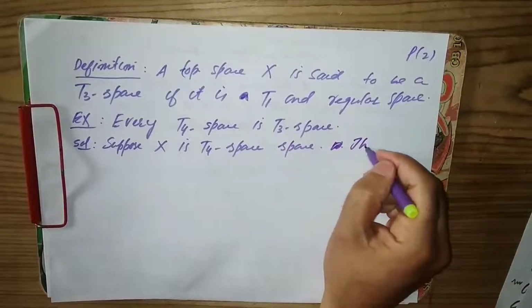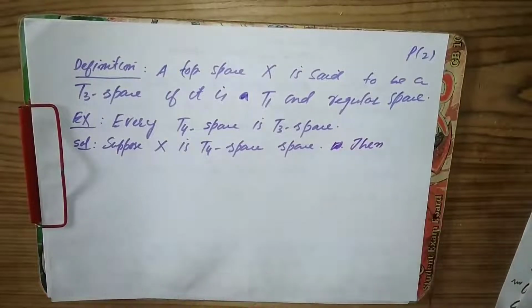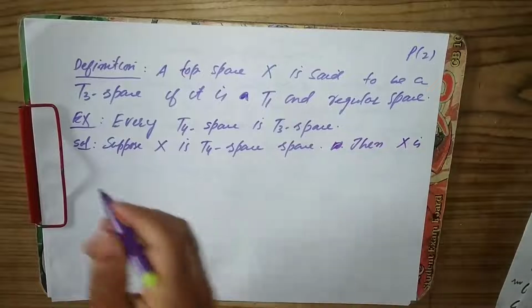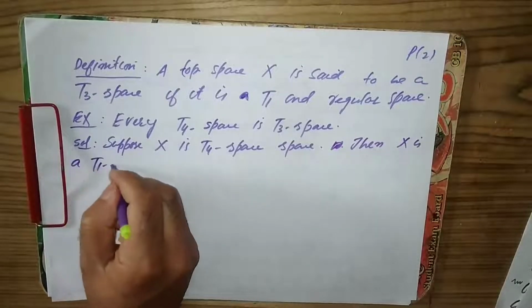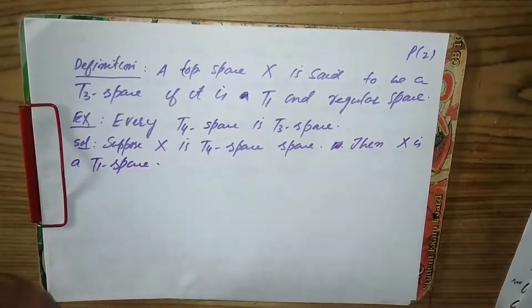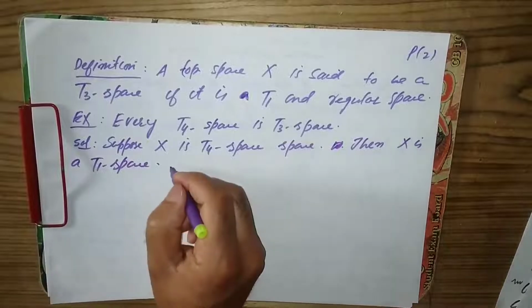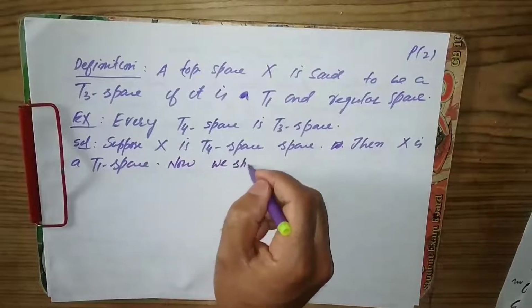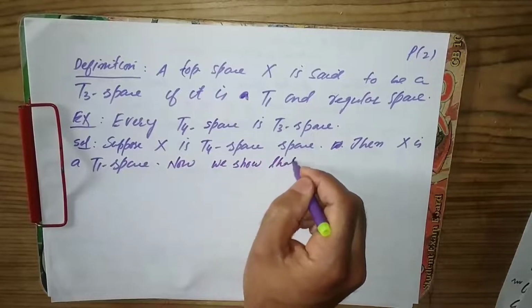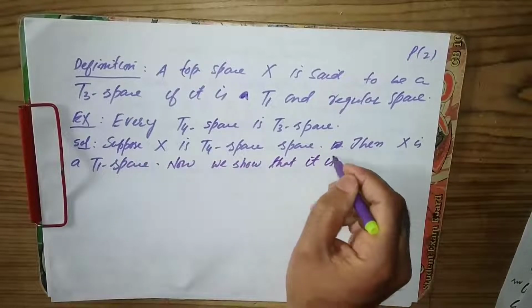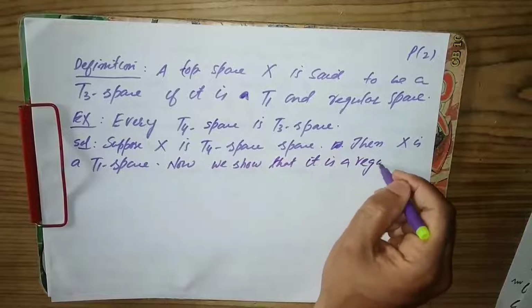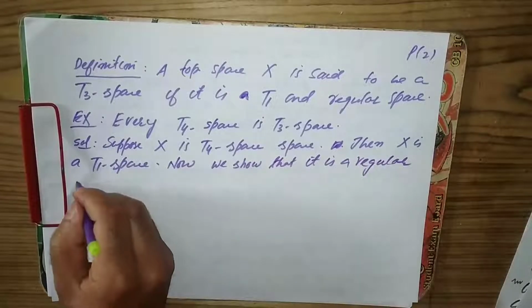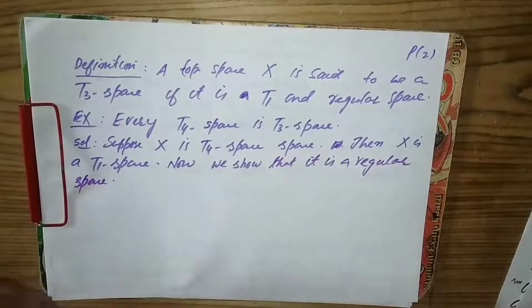Then X is a T1 space, because by definition a T4 space is first a T1 space. Now we show that it's a regular space.